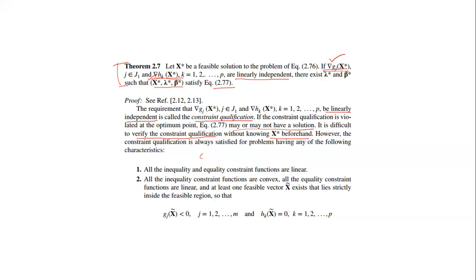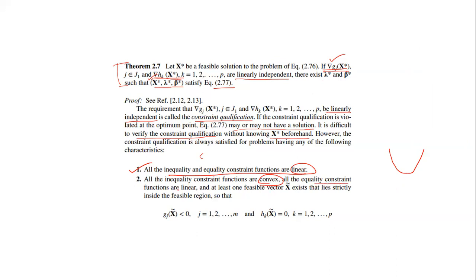So these are the two characteristics we should have in a problem so that we can apply this constraint qualification. First of all, the inequality and the equality constraints have to be linear. And all the inequality condition functions have to be convex, that means something like this, where a relative minima is always a global minima.